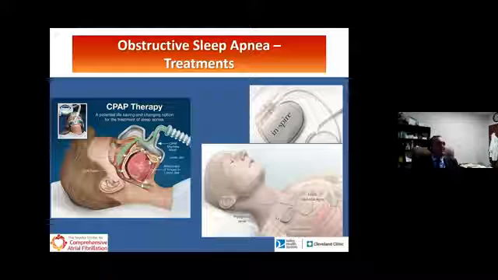This machine is synchronized with the breathing, and it gives an impulse to the nerve to stimulate the tongue, and the tongue would stick out and open the passage into the back of the throat, also improving the obstructive sleep apnea.